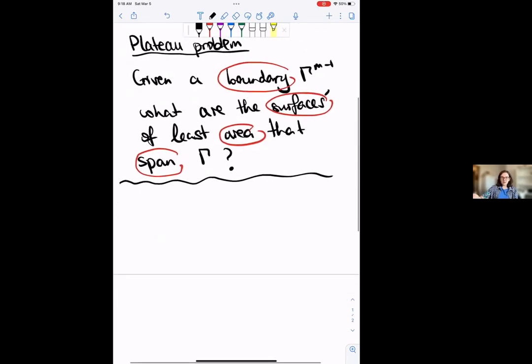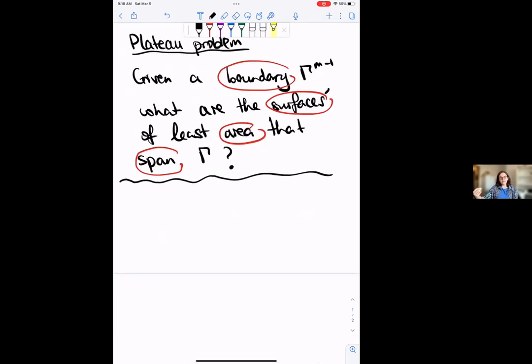So of course, a very natural setting in which to pose this problem is the setting of m-dimensional currents. For a start, you could ask, why is this not well posed in, say, the topology of smooth surfaces? And the problem is that you lack compactness. You'd want to solve the Plateau problem using the direct method.